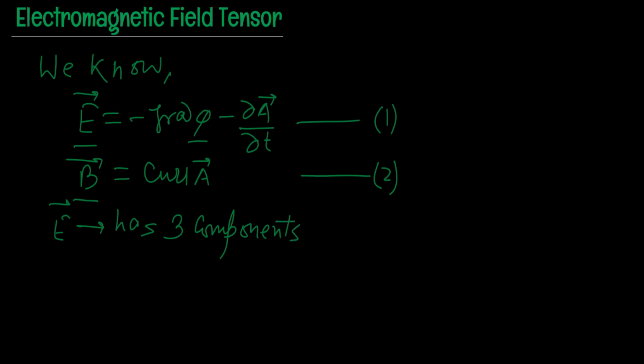Similarly, B is also not a 4-vector, and so it also has 3 components in the 3-dimensional Euclidean space.